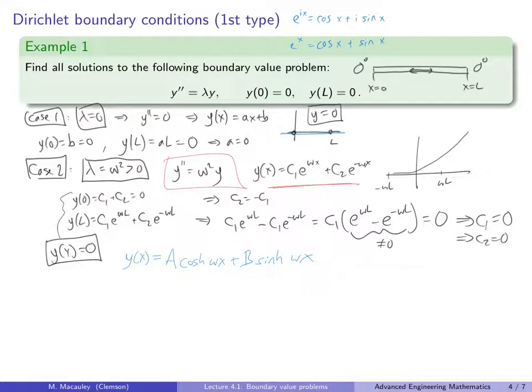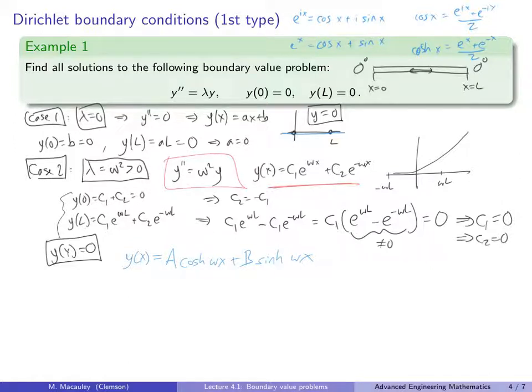And similarly, cosine of x is e to the ix plus e to the negative ix over 2. Cosh of x is e to the plain old x plus e to the negative x over 2. So sinh is very similar. I think I've gone over it before. If not, look it up. You don't need to know too much about these to use them.